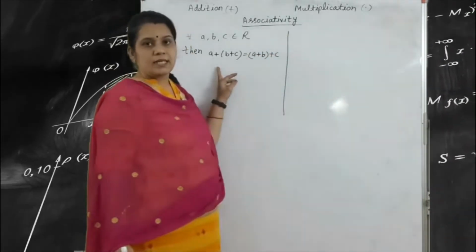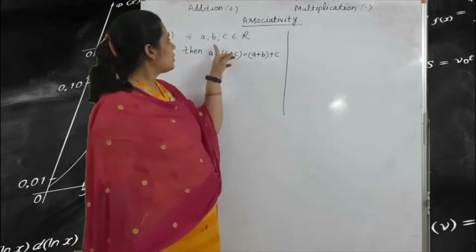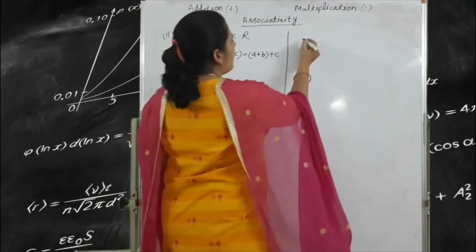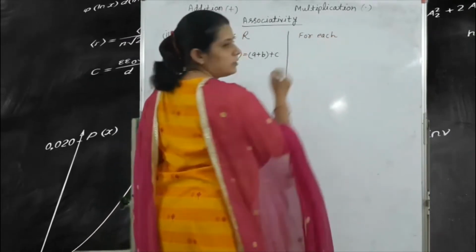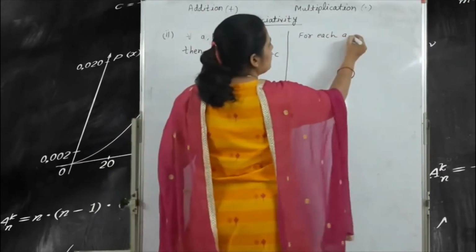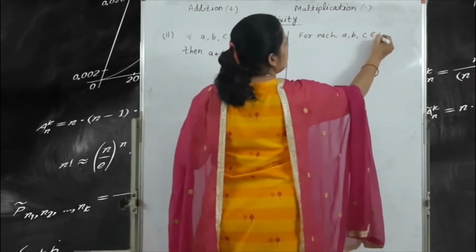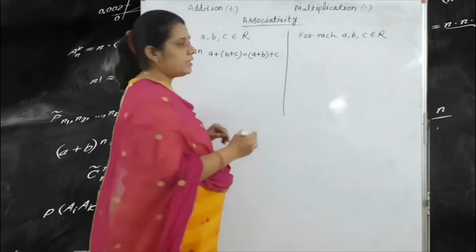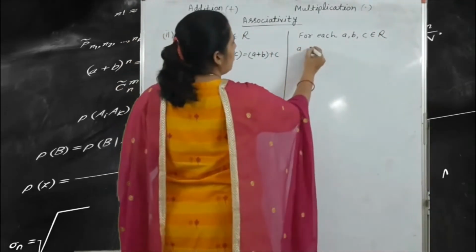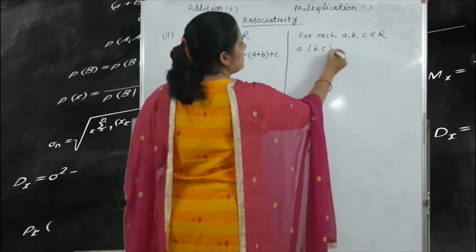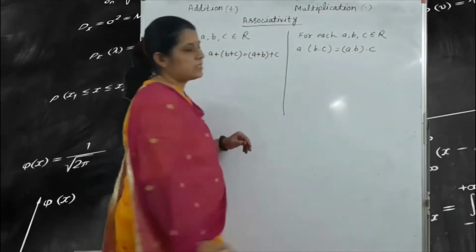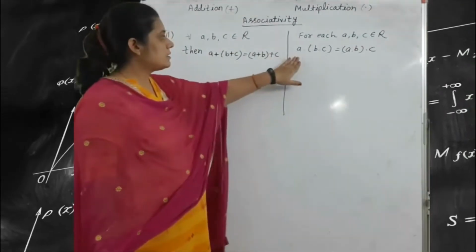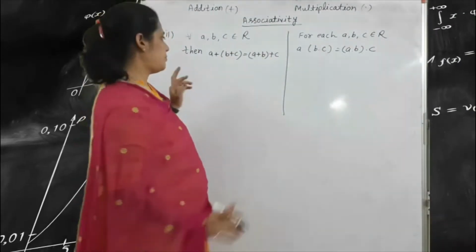This is the associativity according to plus. And for all a, b, c belongs to R, then (a dot b) dot c is equal to a dot (b dot c). So this is the associative property.